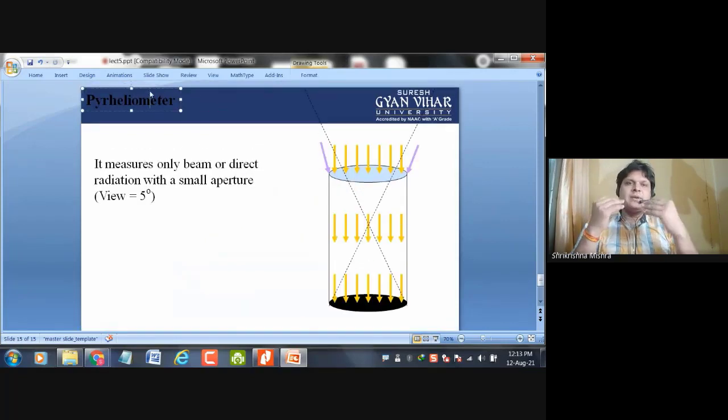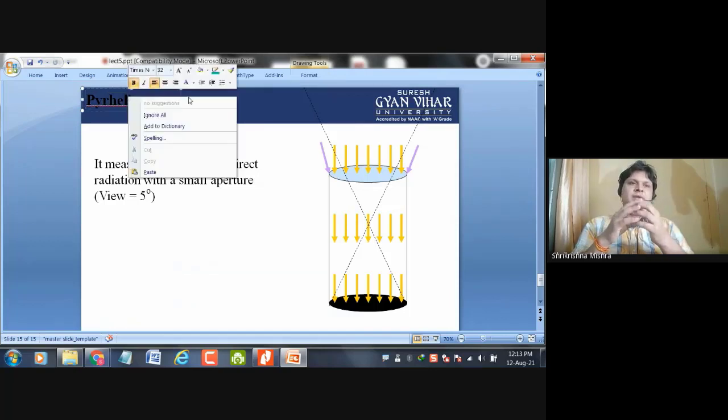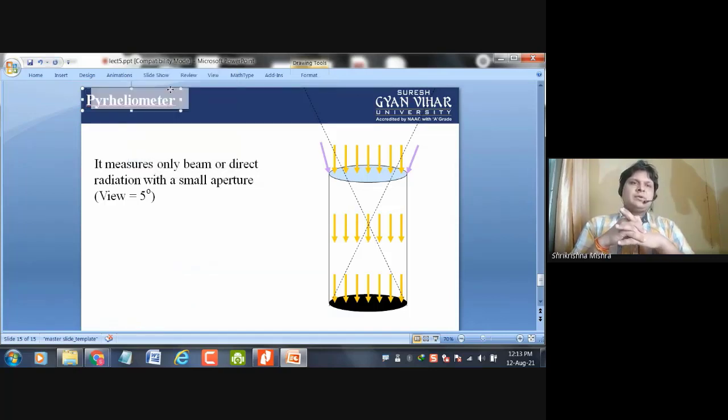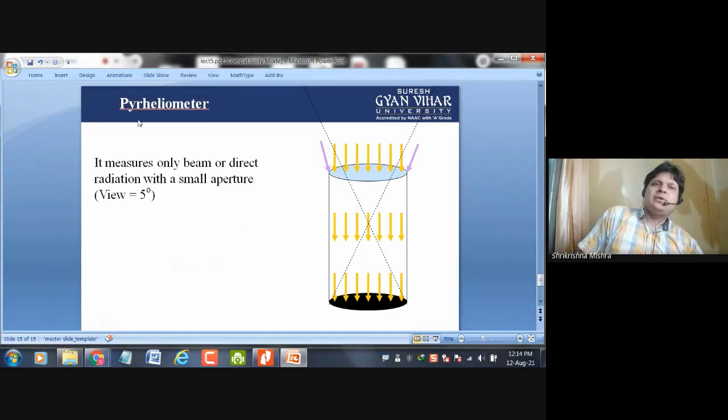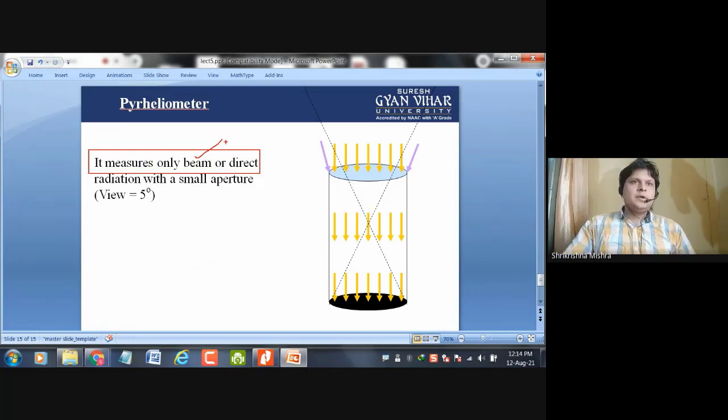Now, in order to measure the beam radiations, you make use of the pyrheliometer. The exact diagram I have shown to you. Now this is the symbolic diagram which you are seeing. It has one minus point: it will give you only the beam or the direct radiations because its aperture angle is only 5 degrees. Aperture angle means this angle. This particular angle is only 5 degrees. Therefore, it provides you only beam radiations.